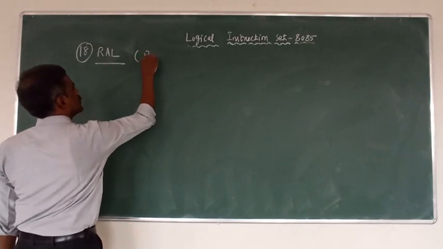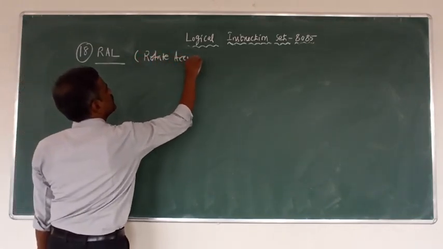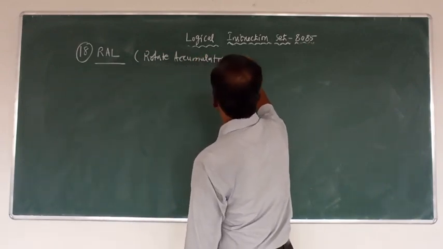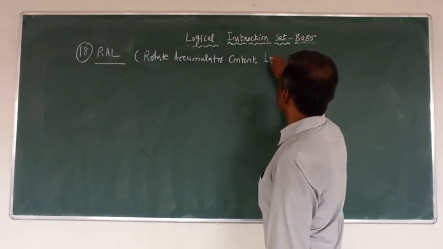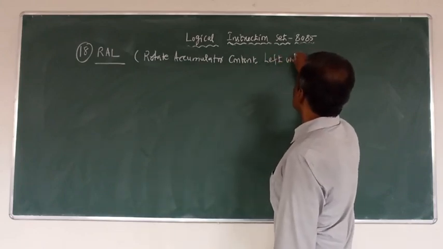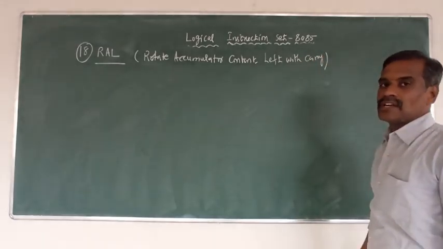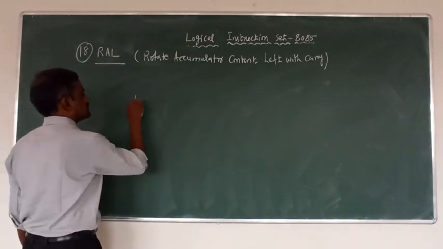RAL means rotate accumulator content left with carry also. Example, this is a bit format.